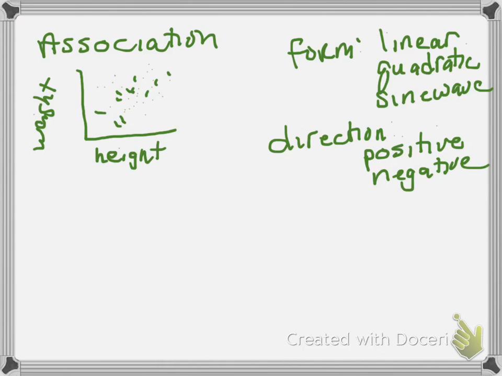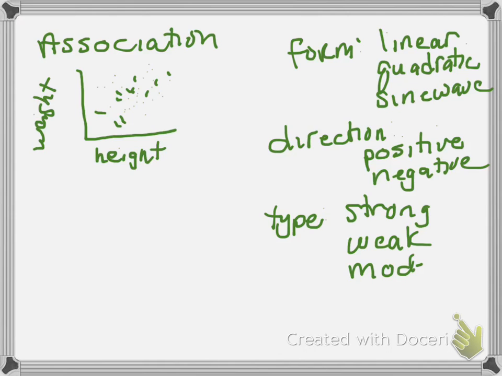So I have form, direction, and, I don't know what to call this, type. This is where you have a strong association, a weak association, maybe even a moderate, or no association.